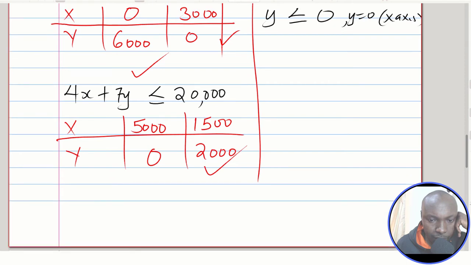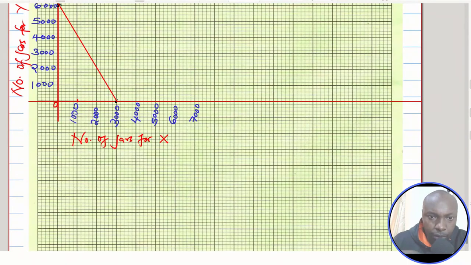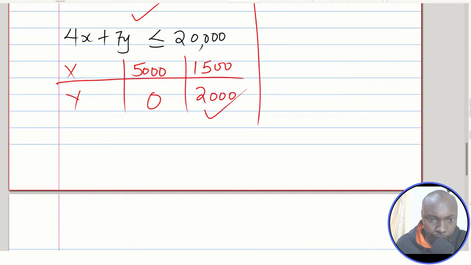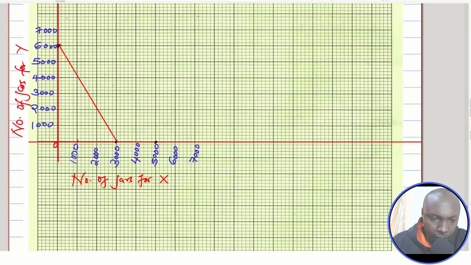So 5,000, 0 will be here, and then we have 1,500, 2,000. 1,500 is in between here, then 2,000 will be somewhere there.